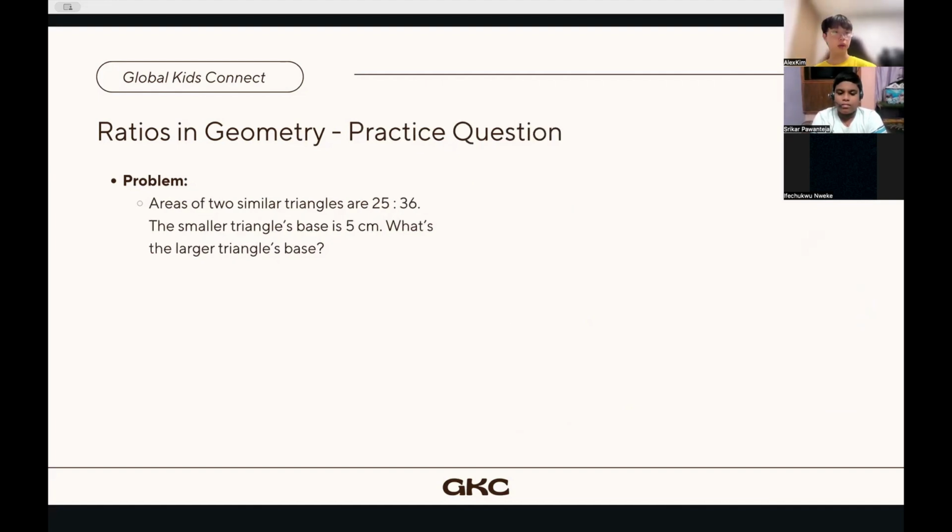I think we have time to go through this practice question. The problem states: areas of two similar triangles are 25 to 36. The smaller triangle's base is 5 centimeters, whilst the larger triangle's base is unknown. If we have two similar triangles, let's say one triangle that looks like this, and another triangle that's a bit larger that looks like this.